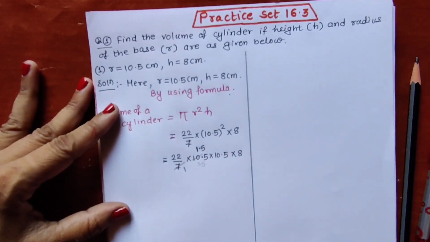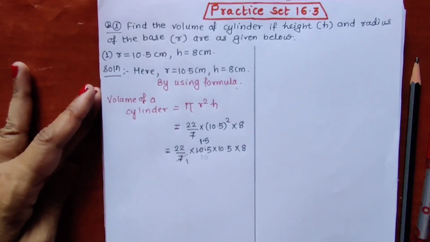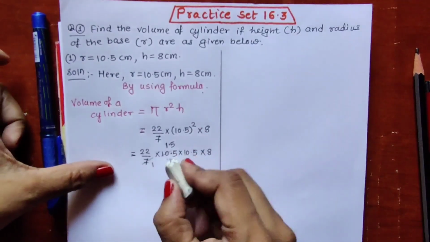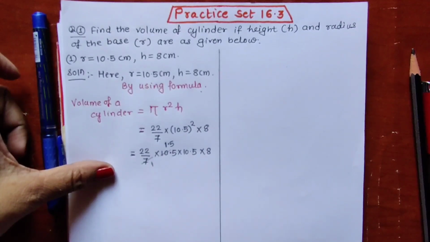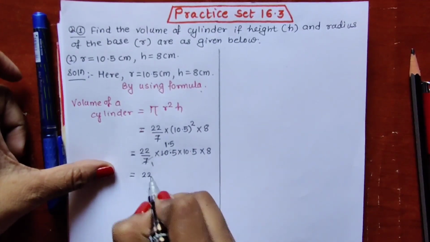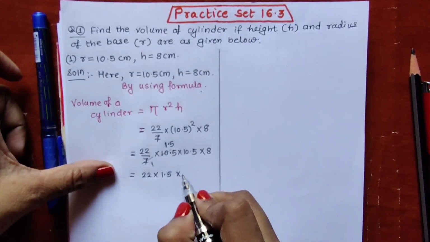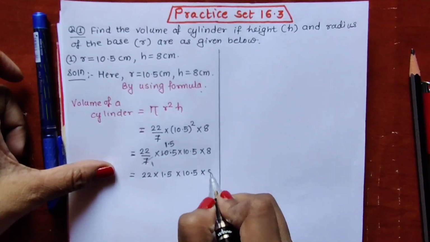So in this way we get 1.5 when we cancel 10.5 by 7. Okay, I will rub out this 35. So what we are getting now? We are getting 22 multiply by 1.5 multiply by 10.5 multiply by 8.